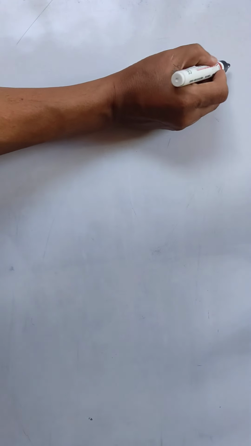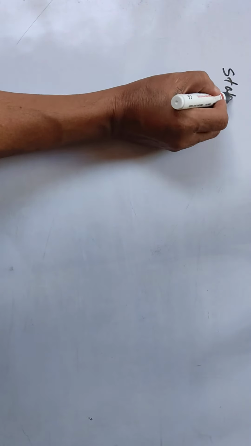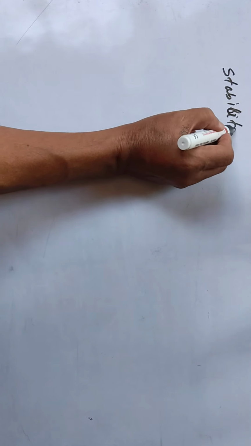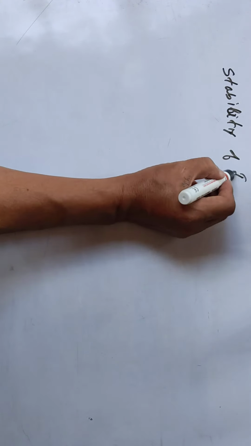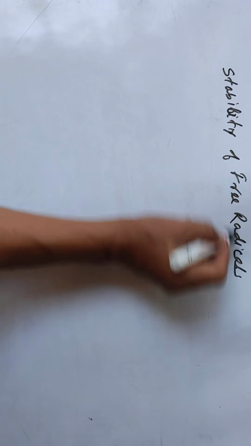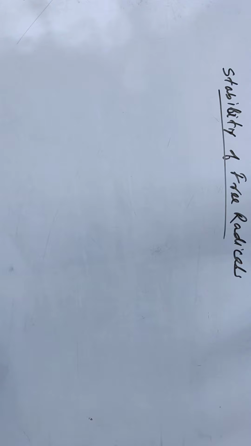So let's see now the stability of free radicals. Just like carbocations, it depends on the inductive effect, hyperconjugation, and resonance effect.